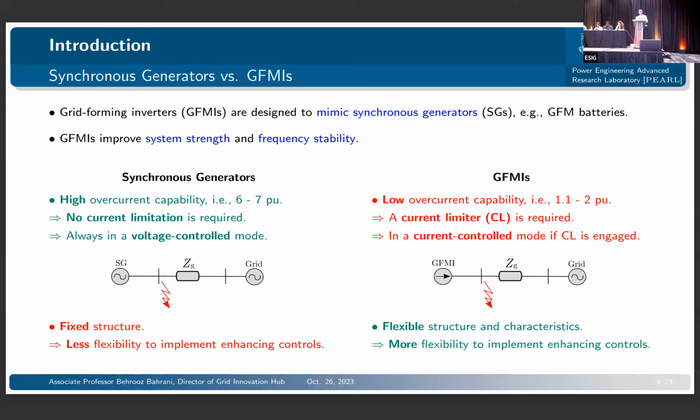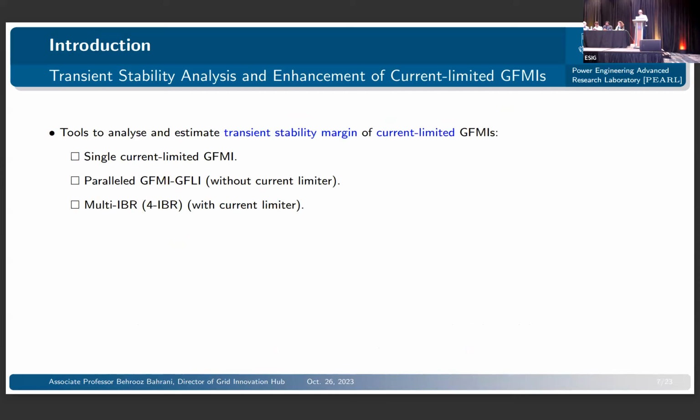That's actually bad, because as soon as you go to current limiter mode, you're essentially going to a current controlled asset rather than a grid forming asset. But at the same time, because you're dealing with inverters, it is very flexible, and you can implement enhancing control. That's a good point about grid forming inverters as opposed to synchronous generators.